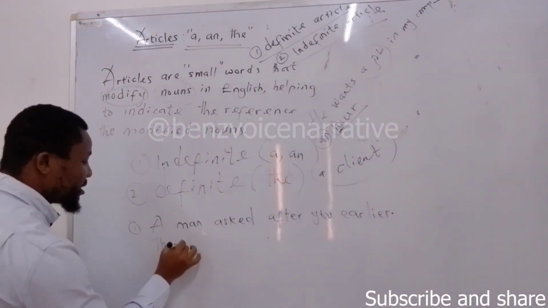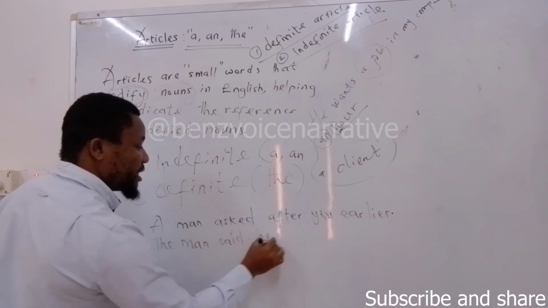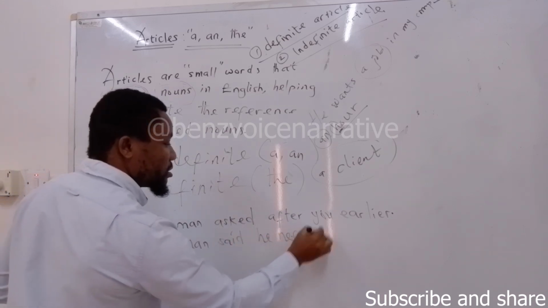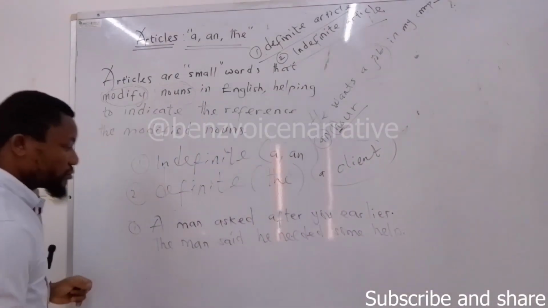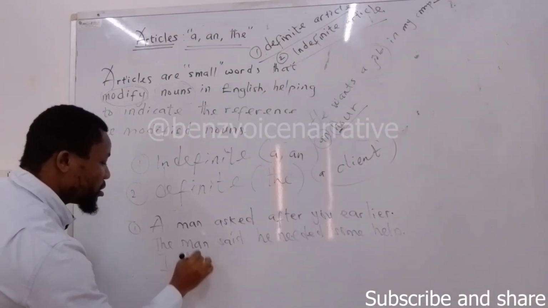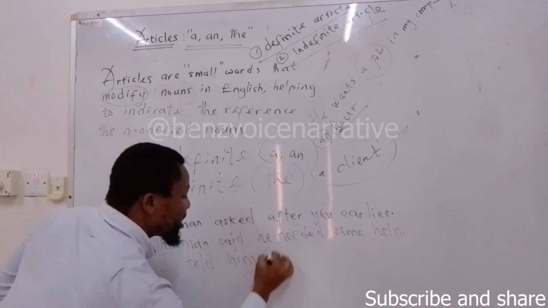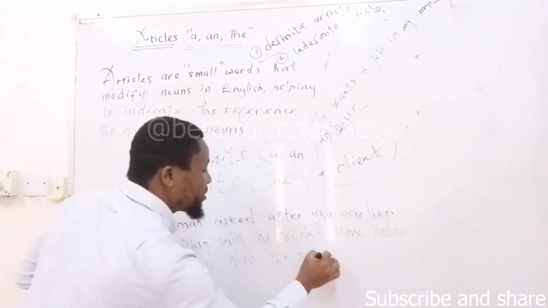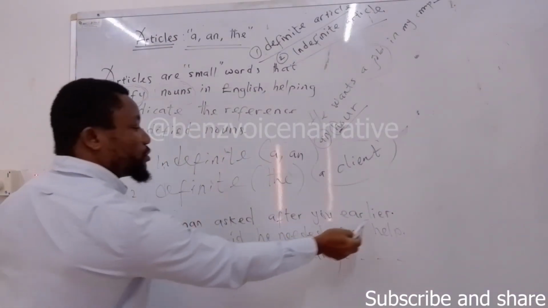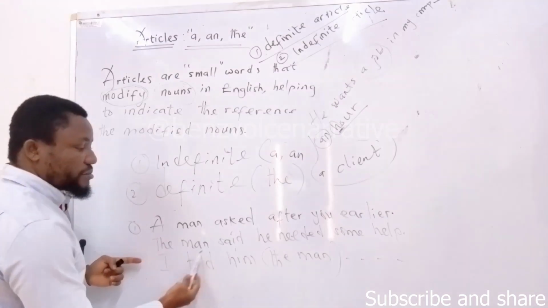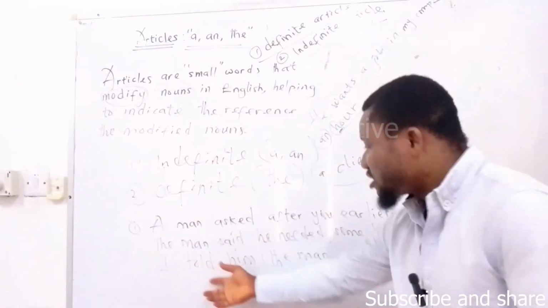The man said he needed some help. I told the man. Now, what this means is I told the man. You understand? A man asked after you earlier. The man said he needed some help. I told the man. I told him.